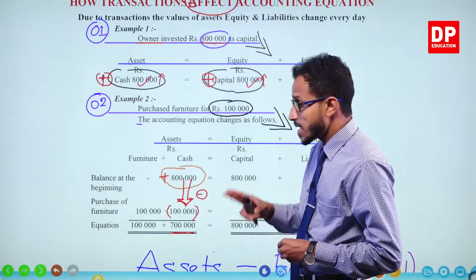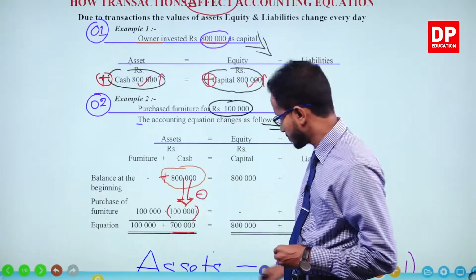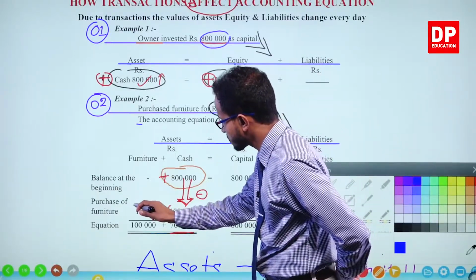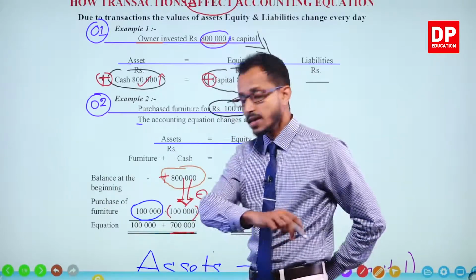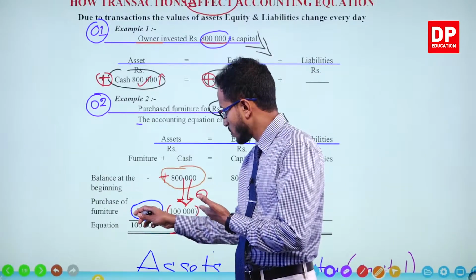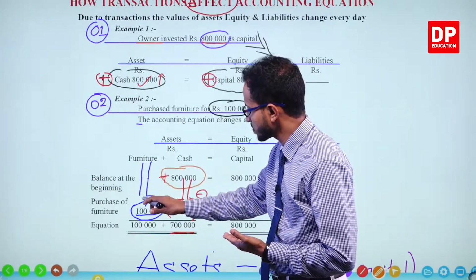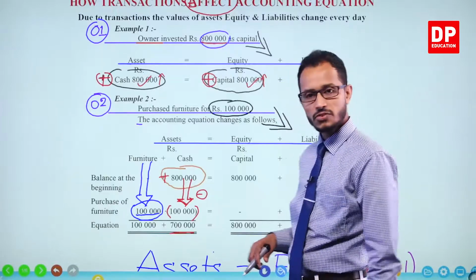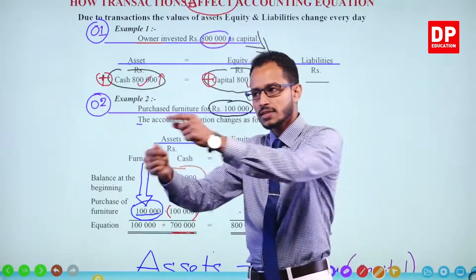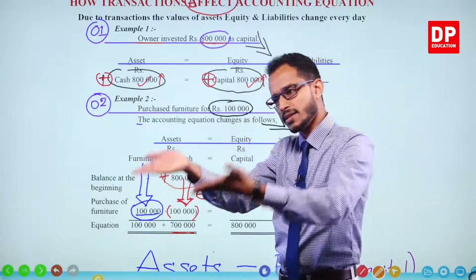But to notice, there is one more entry here that should be noticed. What is this? There's one more entry. And what is this? 100,000. This is the furniture which came into the business. For that 100,000 spent, 100,000 worth of furniture came in.